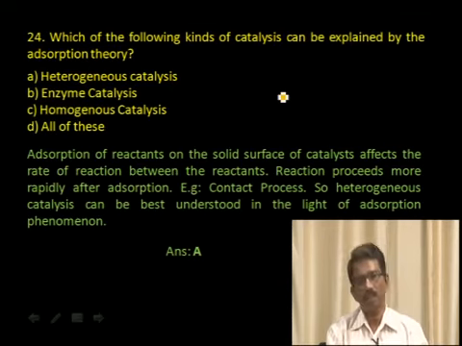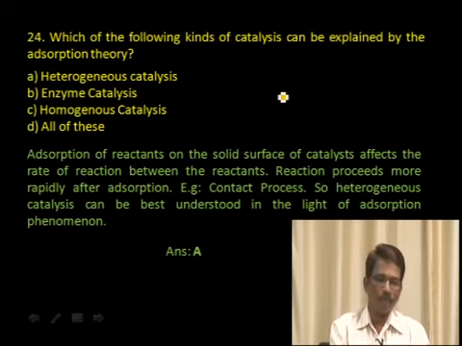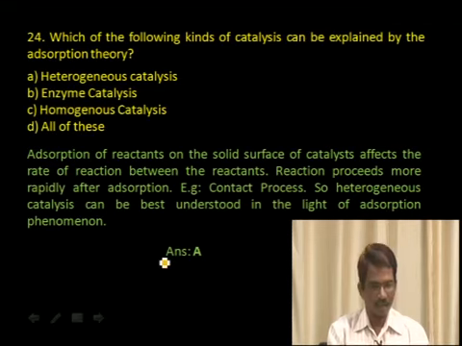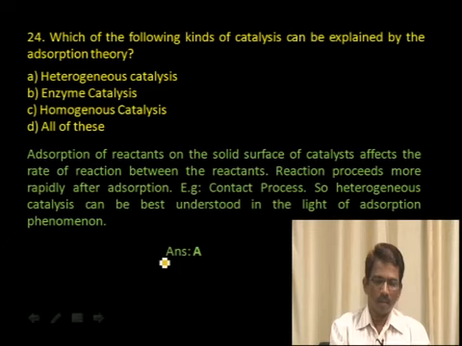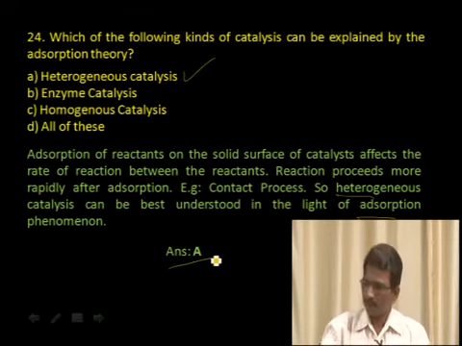Heterogeneous catalysis is that type of catalytic reaction in which you have different physical states for reactants and catalyst. Because of adsorption on the solid surface, the rate of reaction gets enhanced, and hence the mechanism of heterogeneous catalysis is explained by the concept of chemical adsorption, and option A becomes the correct answer.